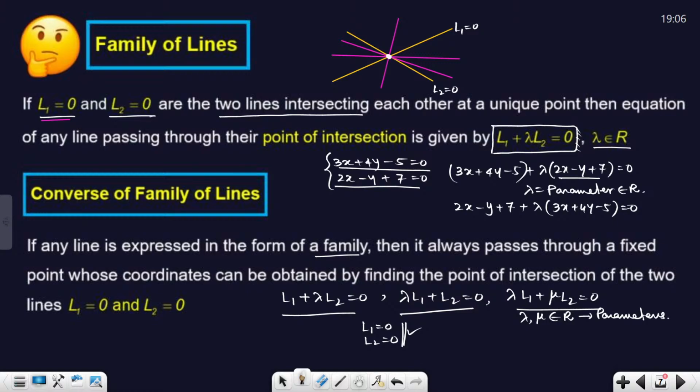Then it always passes through a fixed point, and the fixed point is nothing but the point of intersection of L1 equals to 0 and L2 equals to 0. That's it. Is it clear?